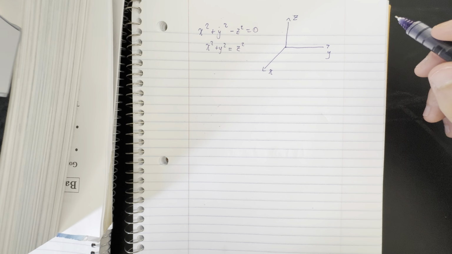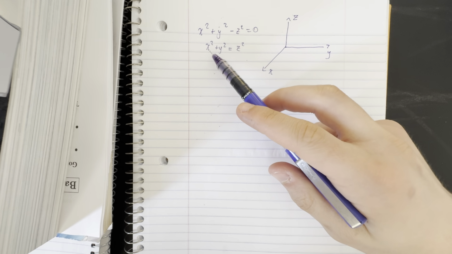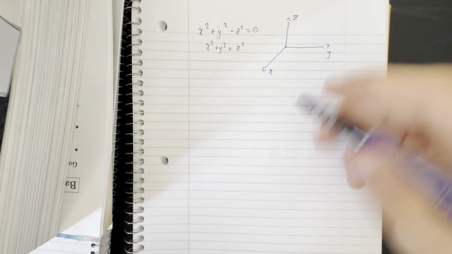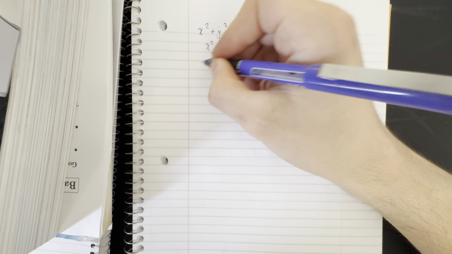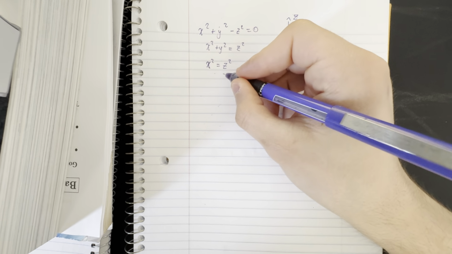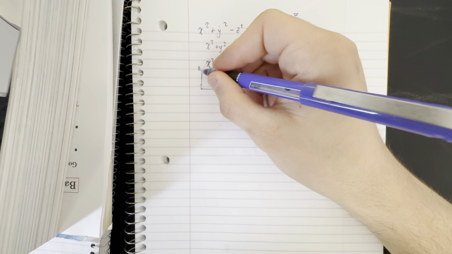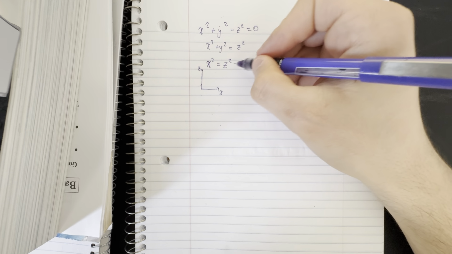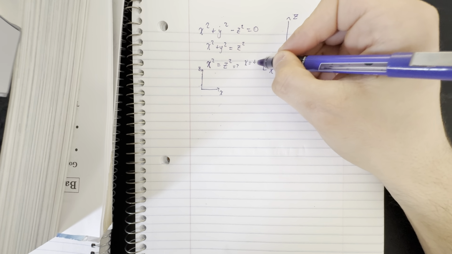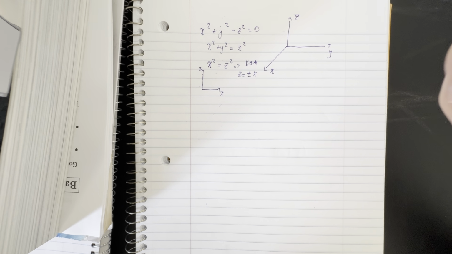So what if, let's see, if y is 0, then you just have x squared equals z squared. So we need an xz plane. This just means that z equals plus or minus x, if you take the root of both sides.